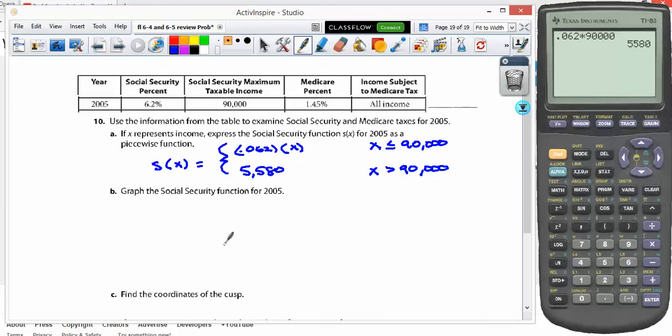Now we're supposed to graph this function. So we'll do a real quick graph here. My x-axis is going to be income, and my y-axis is going to be the tax amount.